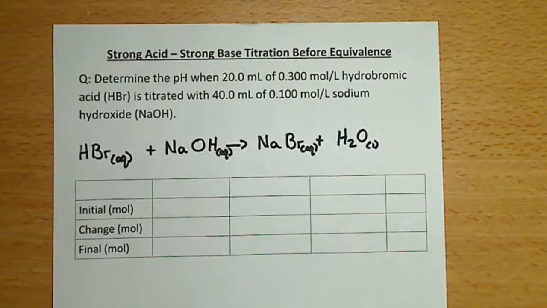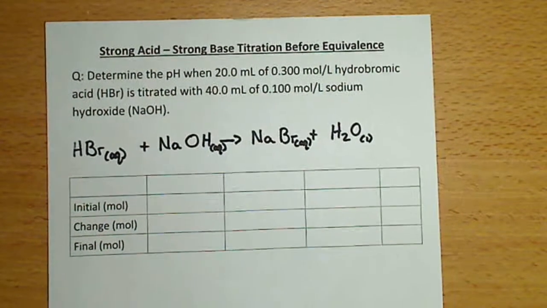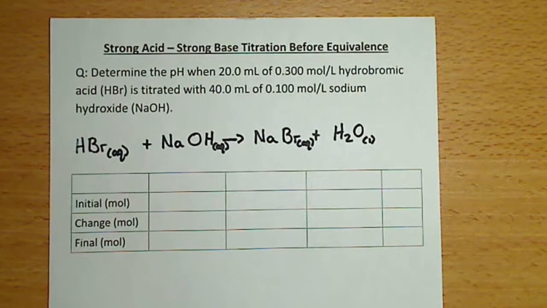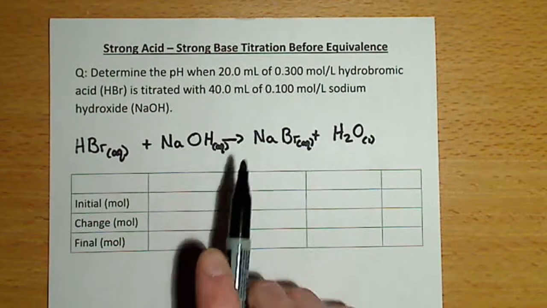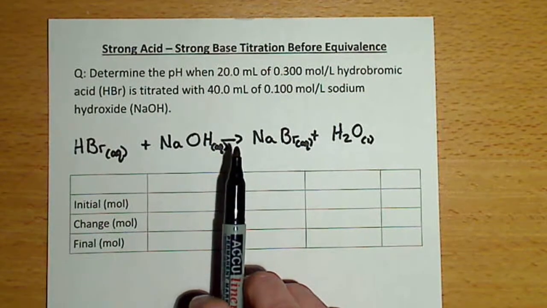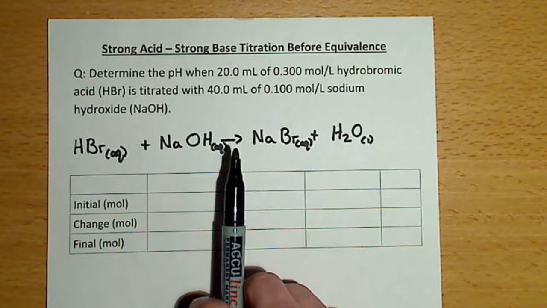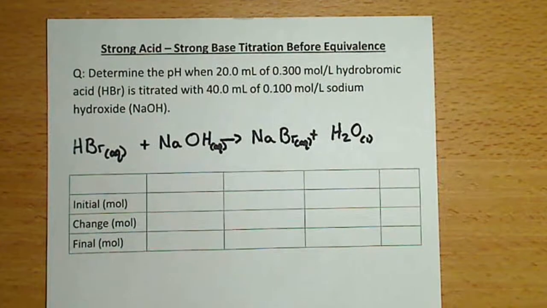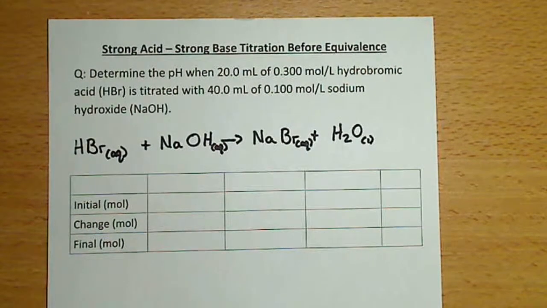So, given that we have a reaction equation, we can start by comparing the amount in moles of the acid and the base to determine which one is our limiting reactant. It's also important to note that because the acid and the base completely ionize, we're using a forward arrow to indicate that this reaction will go to completion.